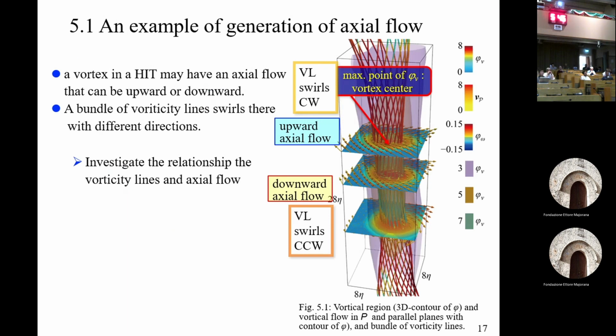This figure shows just one vortical region and the vortical flow swirls clockwise in the swirl plane. And in the parallel planes, vortical flow exists, of course. But here, vortical flow has a somewhat upward component. And here, in this plane, vortical flow has a downward component.